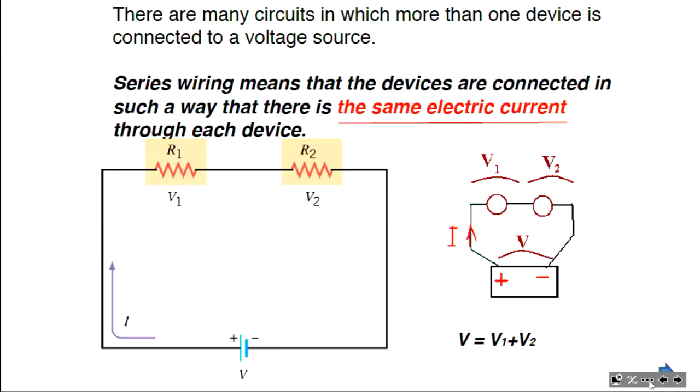The same amount of charge travels every second. But voltage, of course, splits, divided. And this is not new, because when we had capacitors connected in series, again, voltage splits between the devices. And again, the same relationship between individual voltage and total voltage remains true.